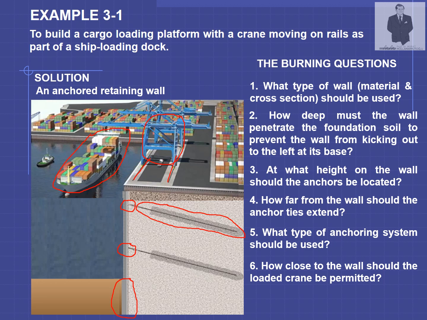This is another important point. Now, the distance from the edge of the retaining wall was important for the crane to move forward and backward safely. The final question, what was the distribution of pressures acting on the wall?